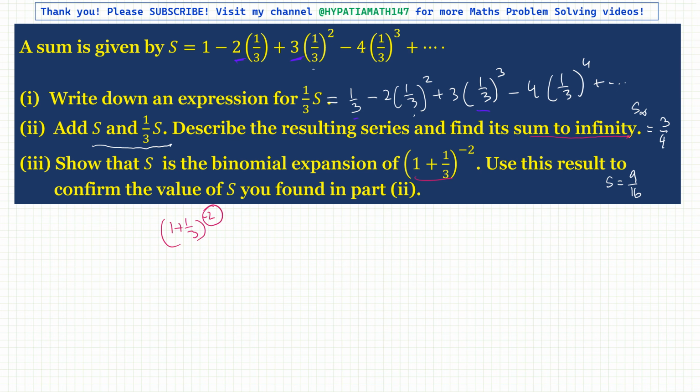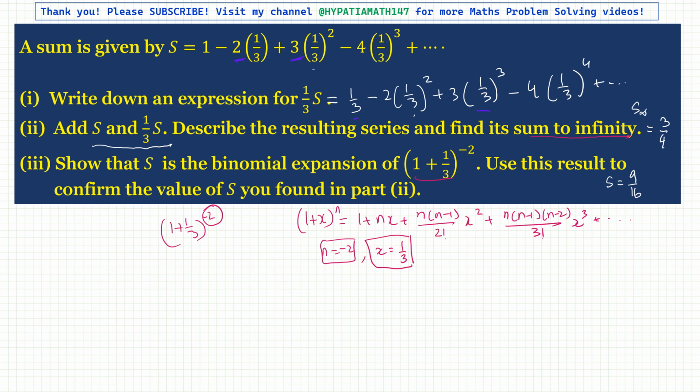So the binomial expansion, if we were to write (1 + x)^n, would give us 1 + nx + n(n-1)/2! x^2 + n(n-1)(n-2)/3! x^3, and so on. So in this case, n is minus 2 and x is 1/3, and we continue the expansion.